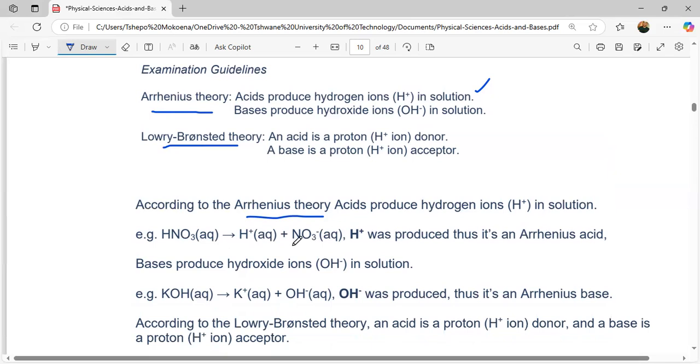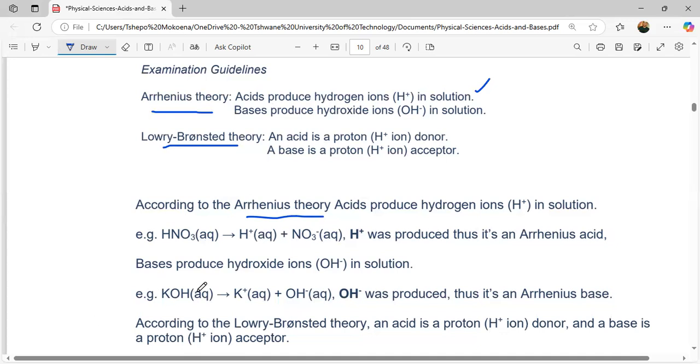Most of the time, this happens when this acid ionizes in water. So when this acid ionizes in water, then what's going to happen is, because remember, he said that they produce hydrogen ions in water. So it will react with water, and then we're going to have H plus ions in water. Now, these H plus ions in water simply indicate the concentration of acid. Okay, that's an Arrhenius theory.